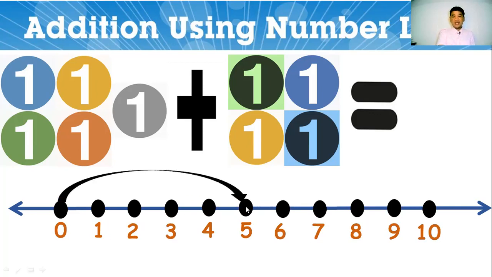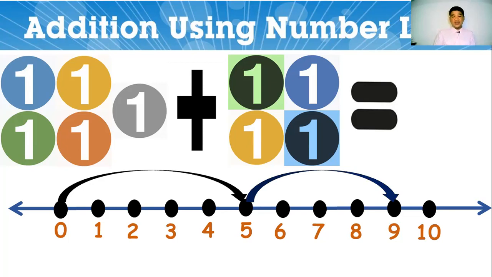That's right. And how about the second object? How many ones are there? Okay, so we have 4 ones. So if we are going to total the number of ones, that is 0, 1, 2, 3, 4, 5, 6, 7, 8, and 9. Now, so you have the given number lines.